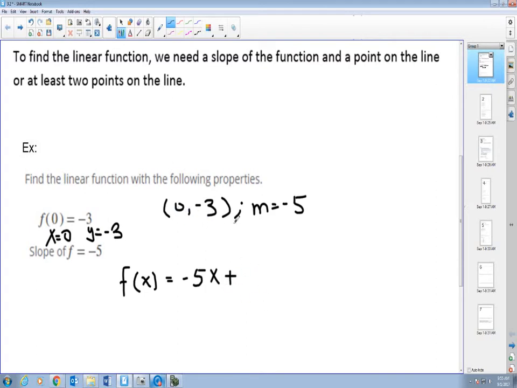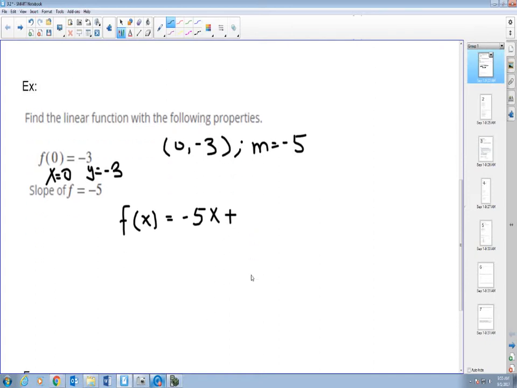So if you look at this point (0, -3), this point is actually the y-intercept. But for right now, what I'm going to show you is this. I'm going to put a b right here, and I'm going to solve for b. So earlier, when x is equal to 0, we said y is -3. So that means, using my given point, substitute for my x and the y, so I can solve for b.